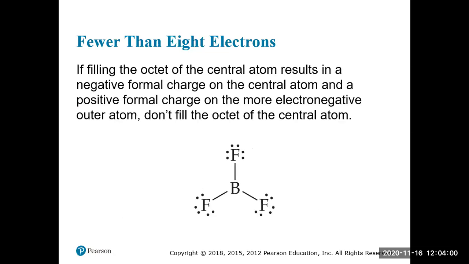So here, by filling that octet, we would force these atoms, and fluorine is one of the keys, to go against their normal tendencies. So that's the reason why in this case, it's better to not fill that octet, even though that's what we normally are striving for, because of the electronegativity of the fluorine atom.